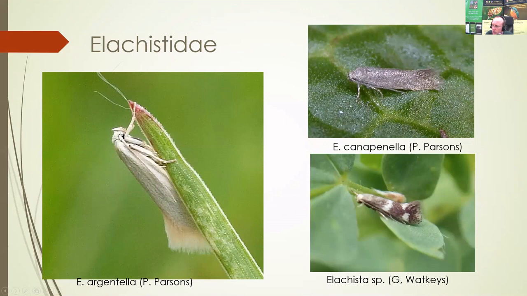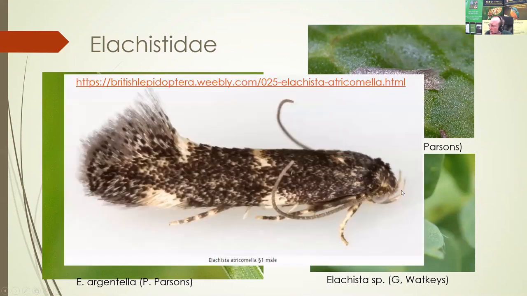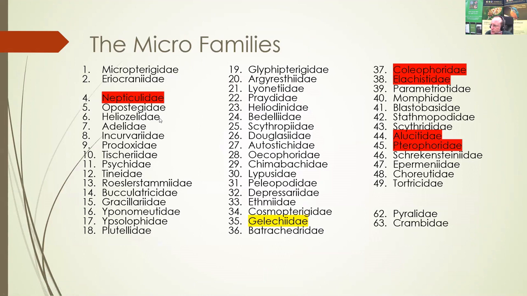But if you look at the palps, they're not the big tufty palps that we had with the Tortricids. They're more sort of swept upwards, quite long and forward sweeping. So Gelechiidae are quite a tough group, and again, I would probably not recommend you get too bogged down in them. So that's Lepidoptera. I'm going to jump around a bit.